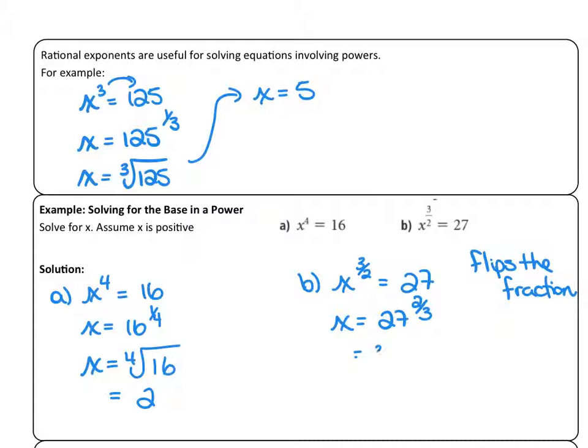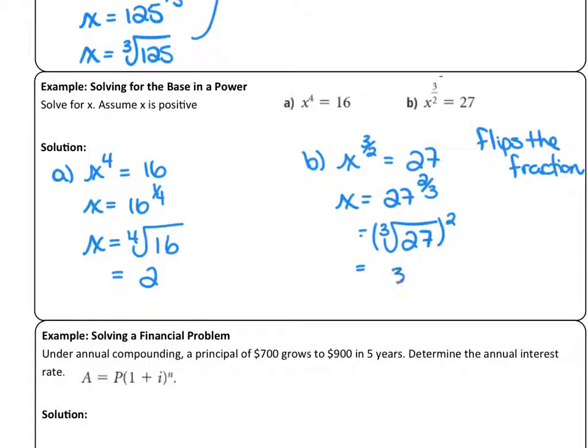So I'm going to take the cube root of 27, and then I'm going to square it. The cube root of 27 is 3, squared, which is 9. So just make sure if the fraction is like that, you flip that fraction over.